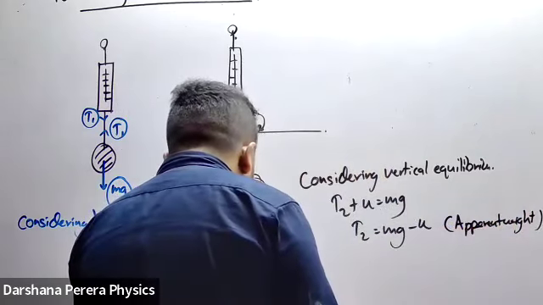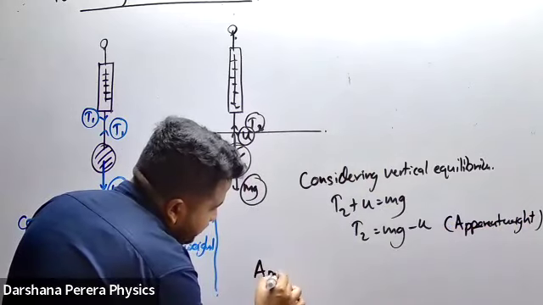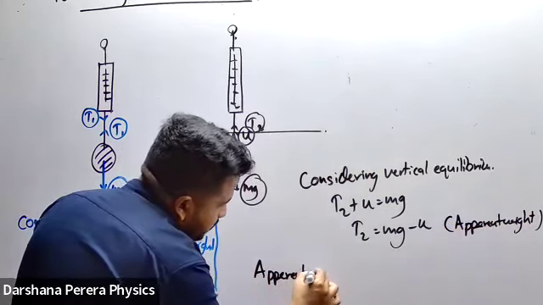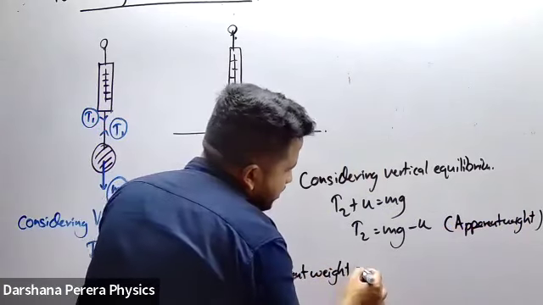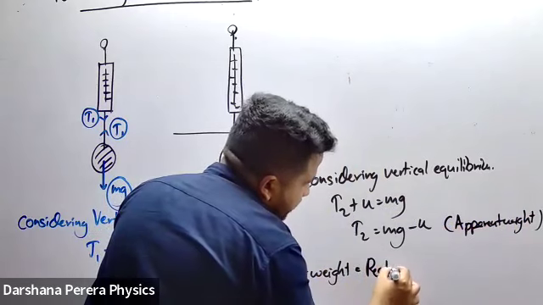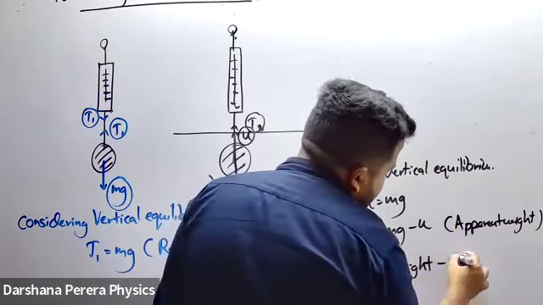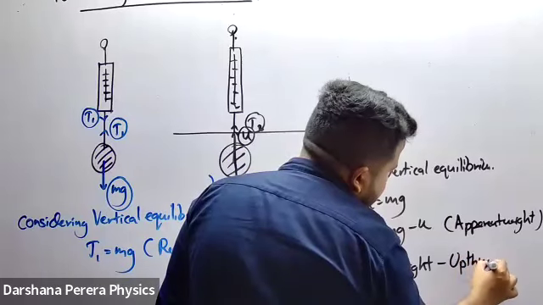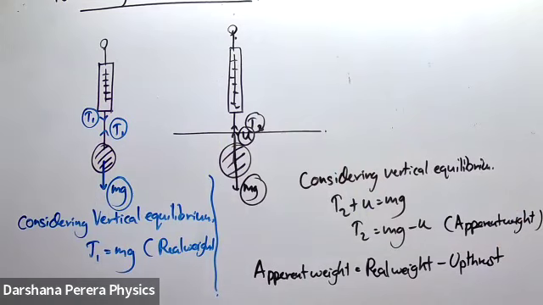Therefore, we can tell apparent weight equals what? Real weight minus upthrust, right?